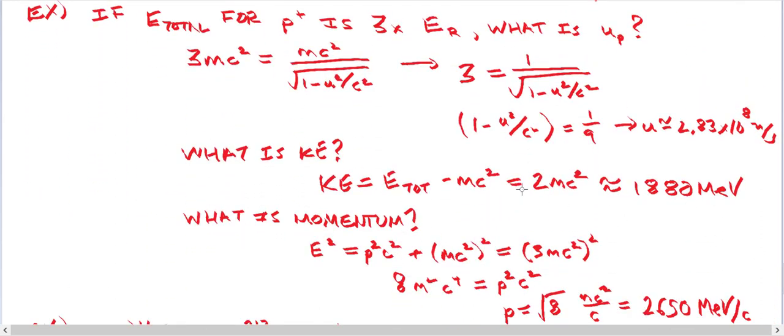So doubling that, the kinetic energy is about 1880 MeV. What if we wanted to know the momentum? Well, again, we have this invariant equation that E squared is p squared c squared plus m squared c to the 4. And E, we already said, is 3 times the rest energy, so it's 3mc squared.